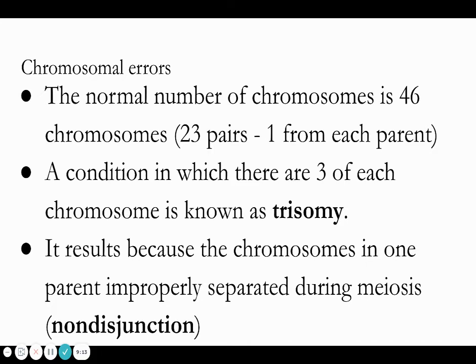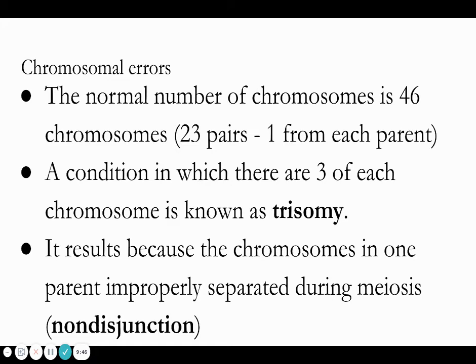So the first type of thing that can happen is something called non-disjunction. What happens in non-disjunction is, instead of those chromosomes separating out, so you get 23 and 23, you end up having a chromosome that sticks to its homologous chromosome and travels into the cell together. So instead of splitting, they end up together. And what ends up happening there is you have a cell that ends up with 22 chromosomes and one that ends up with 24 chromosomes.